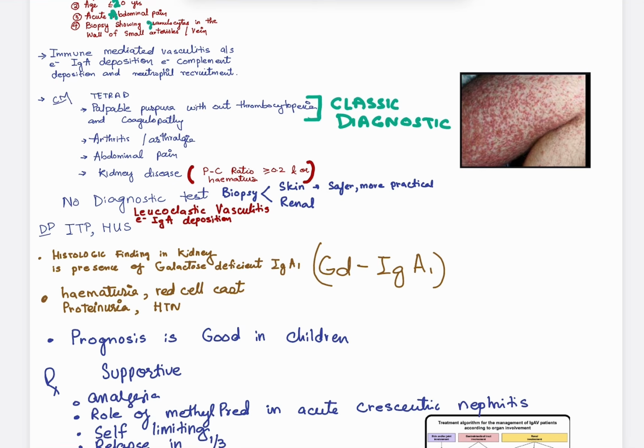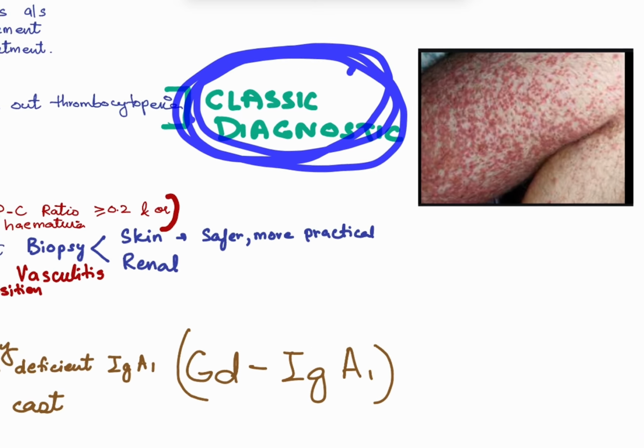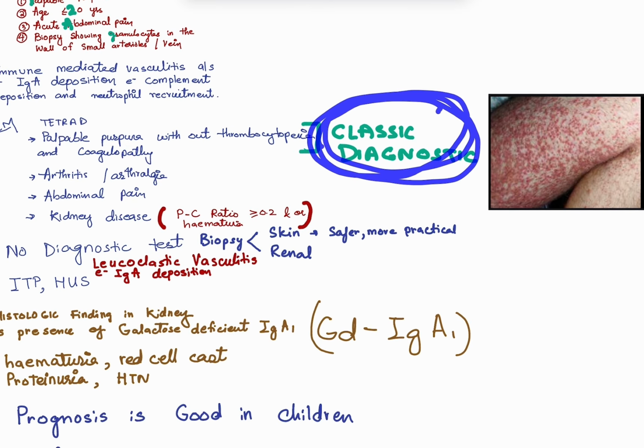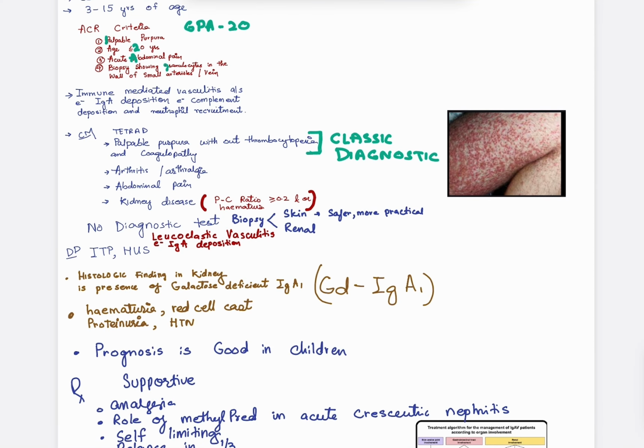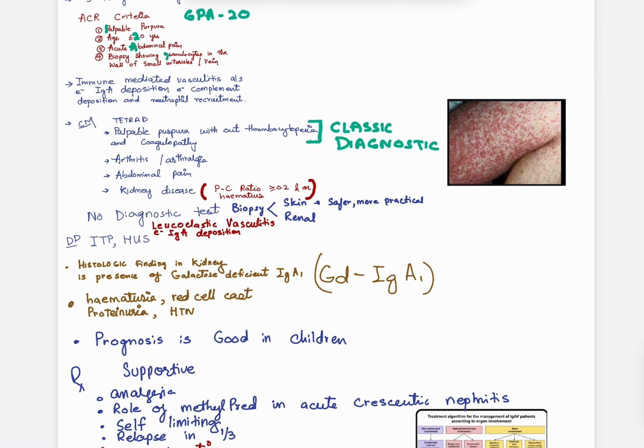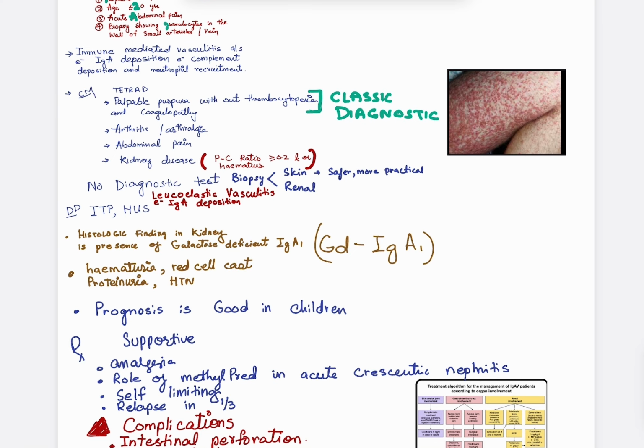In the clinical manifestation, there is a tetrad of 4 things, which is palpable purpura without thrombocytopenia and coagulopathy. This is the classic diagnostic criteria, and as you can see in this picture as well, you can actually palpate this purpura. It could be on the extensor surfaces of the limbs or on the buttock or on the back.